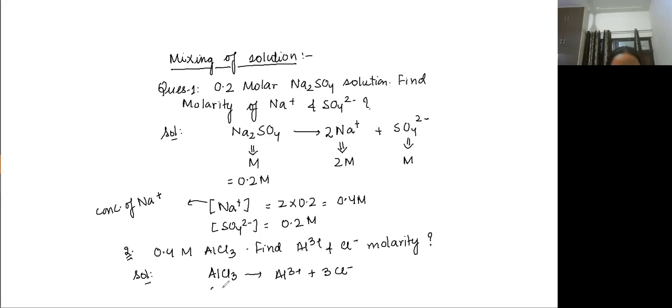If this is 0.4, Al3+ will also be 0.4, but Cl- will be 3 into 0.4, that is 1.2 molar. So Al3+ concentration will be equal to 0.4 molar, and Cl- concentration will be equal to 1.2 molar. So if the compound concentration is given, you can find out the concentration of the ions as well.